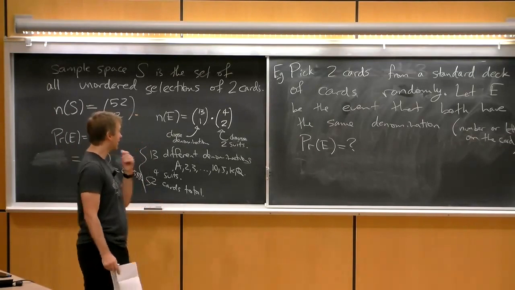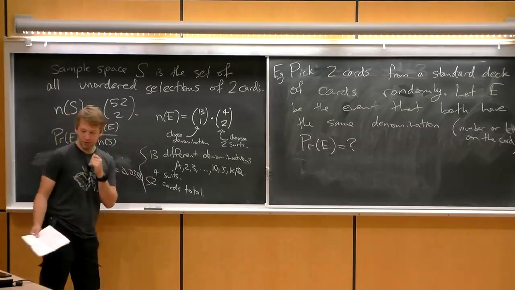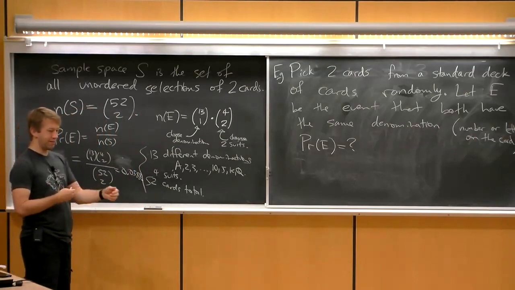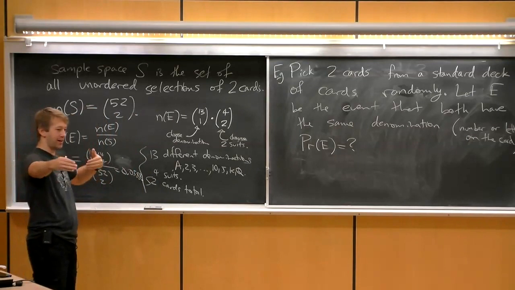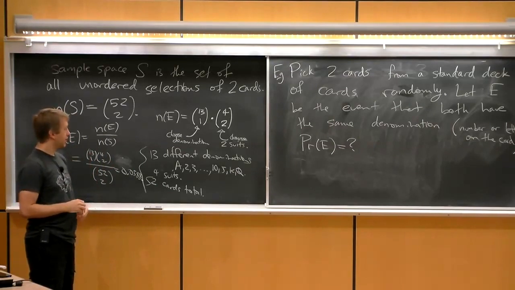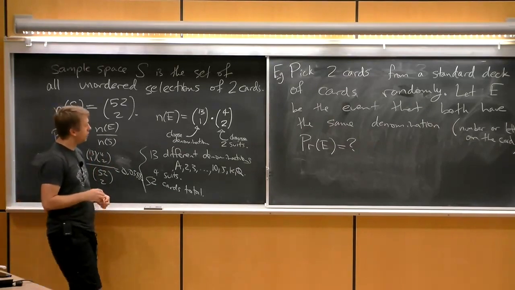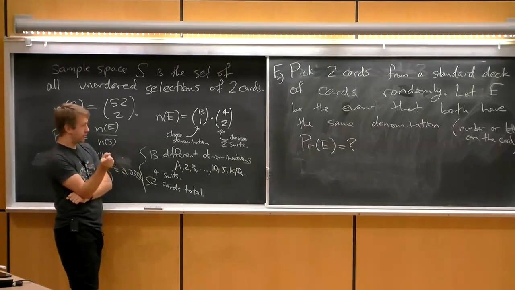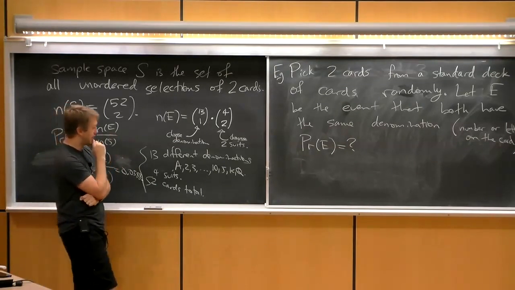Hmm. 52 factorial would be pretty big though, because 52 factorial is the number of ways to shuffle the whole deck, and we're not really using all that information. But there's something you could do like that.